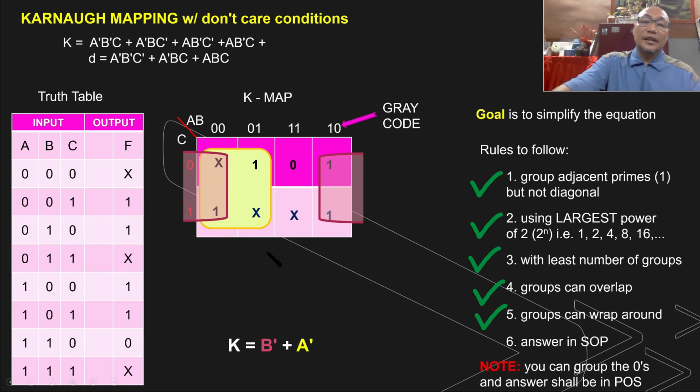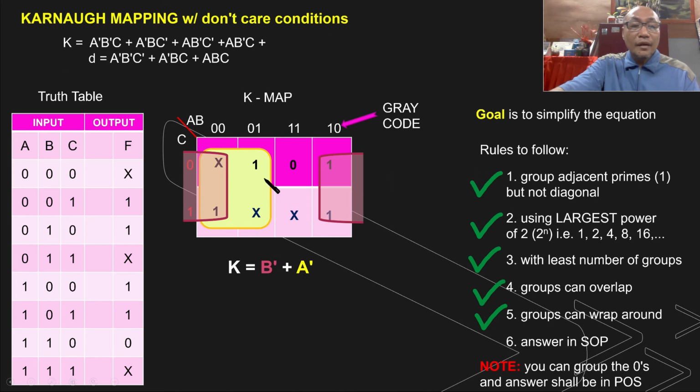Try to solve now for the simplified equation. Try to consider this group, looking again into the value of A, B. What did not change is the value of B prime, of B. So it becomes 0 and that becomes B prime. Looking at C, again, this is 0 and that becomes 1. Therefore, C is eliminated. What is left is only B prime. Then we OR that to the result of the other group.